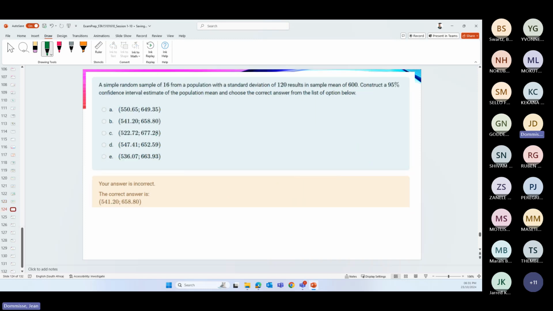Okay, so let's look now at one where we basically need to work out the confidence interval.